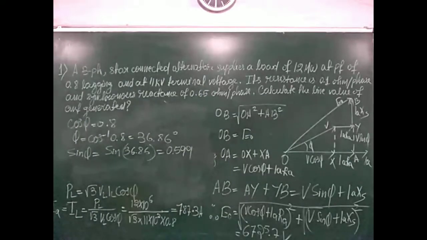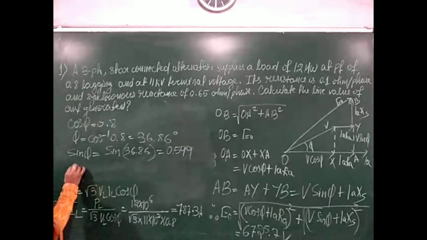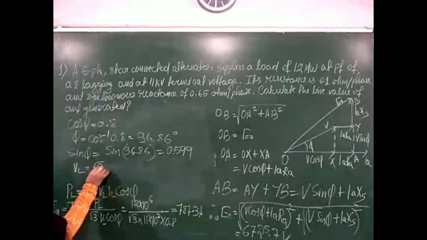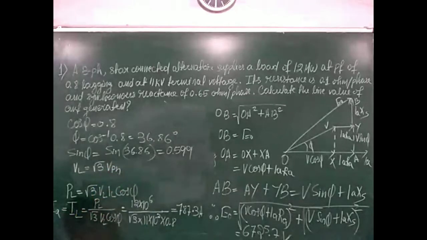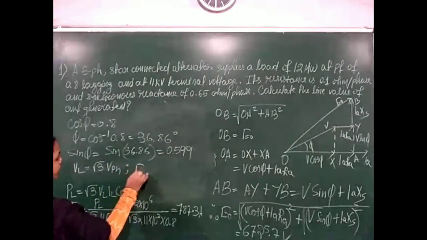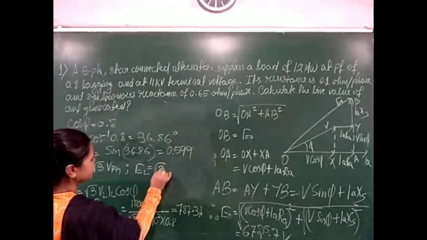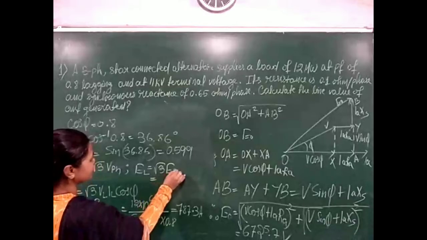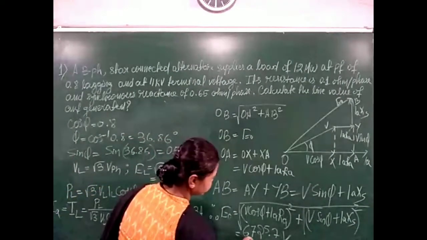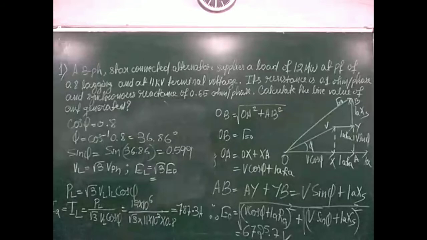After getting this value, you find the line quantity. How do you calculate the line quantity? As my system is star connected, what is the relationship between line and phase quantity in a star connection? You know that line quantity is √3 times the phase quantity. So the line value of EMF generated is √3 times E0. E0 you have calculated as 6725.7 volt.